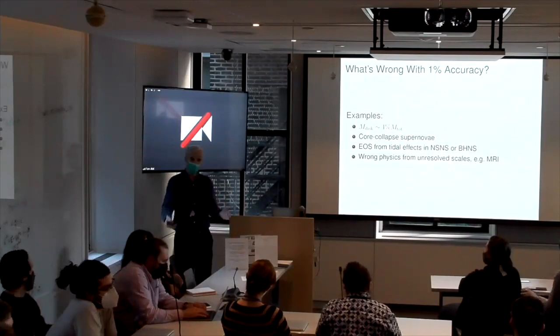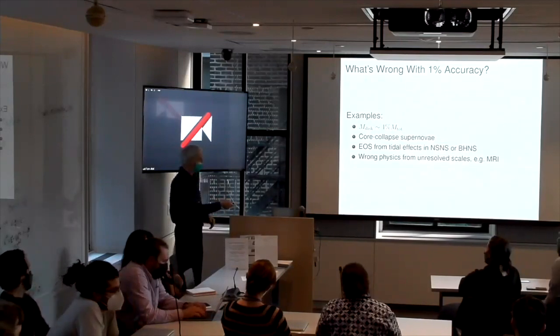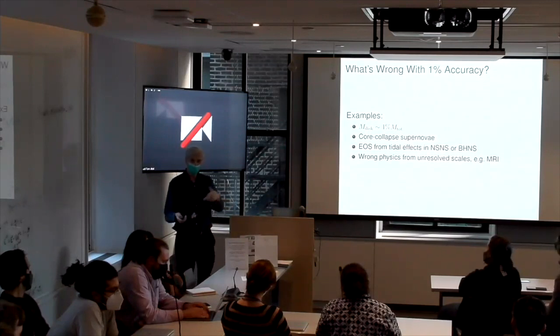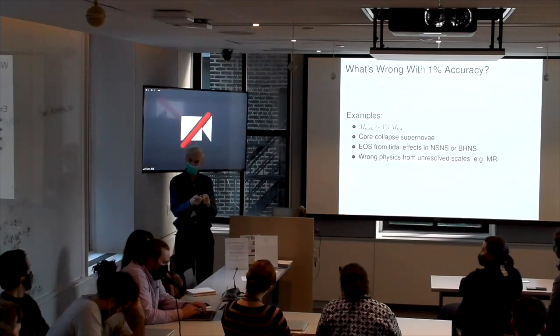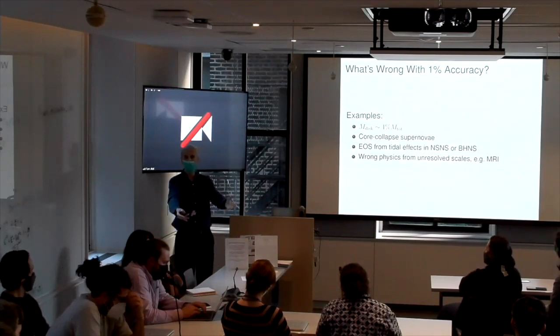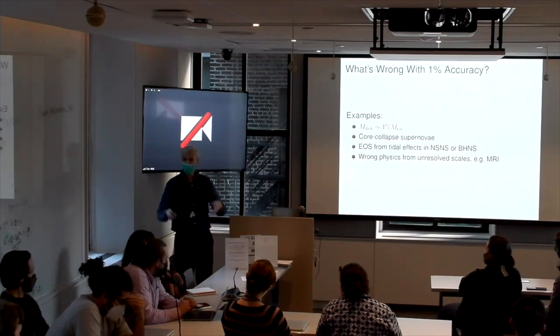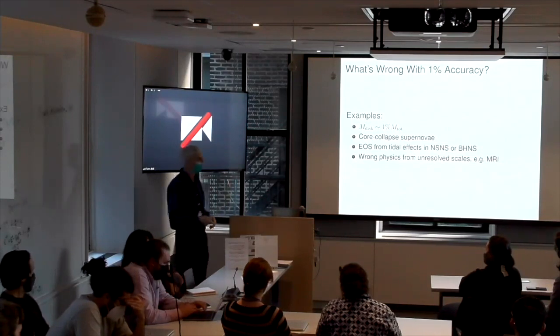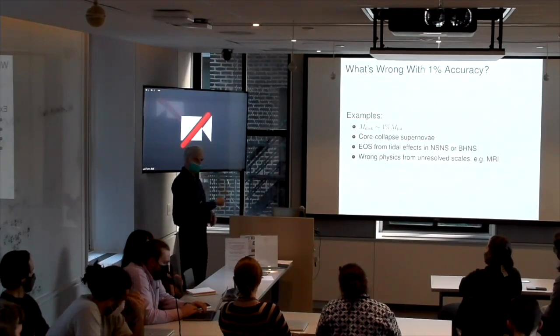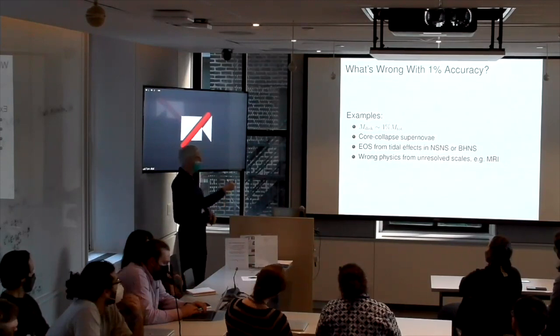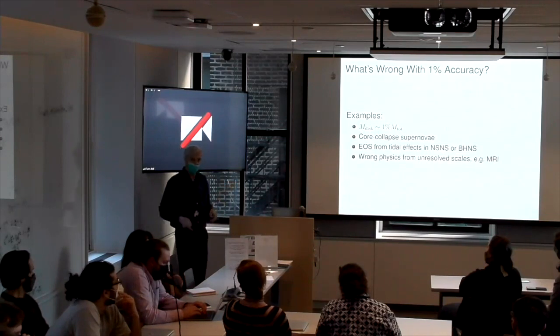If you have an instability like the MRI, the magnetorotational instability in an accretion disk, and you don't have a fine enough grid spacing, you don't even see this instability. You'll conclude your disk is stable. You get a completely wrong result. So it's exactly these kinds of interesting problems where you do need high accuracy despite it being astrophysics.